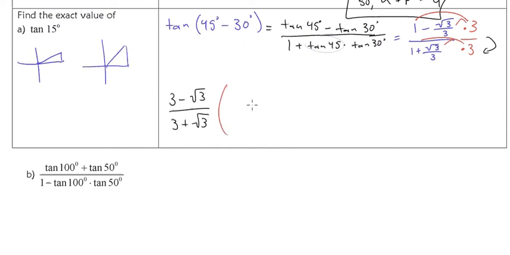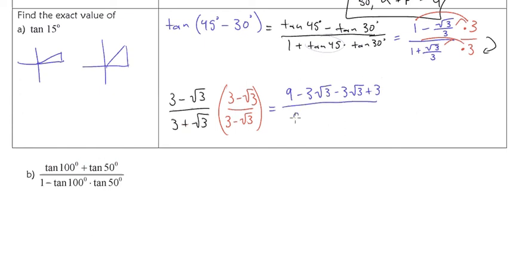Now we're going to multiply by the conjugate here to rationalize our denominator. So it's going to be 3 minus the square root of 3, both in the numerator and denominator. That's equal to 9 minus 3 times the square root of 3 minus 3 times the square root of 3 plus 3, divided by 9 minus 3.